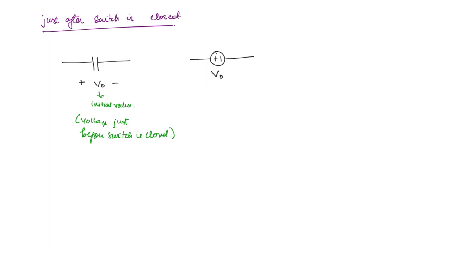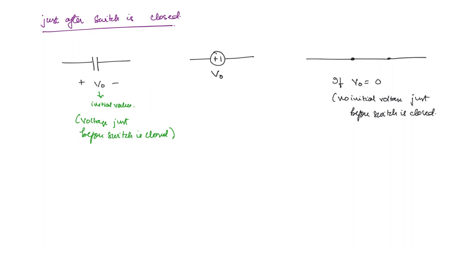Now, what if there is no initial value? Then it will behave like a short circuit. This is when V naught is equal to 0, that means no initial voltage just before the switch is closed. This is the case of the capacitor. Then what about the inductor? Let us say the initial value of current is I naught, the current just before the switch is closed.